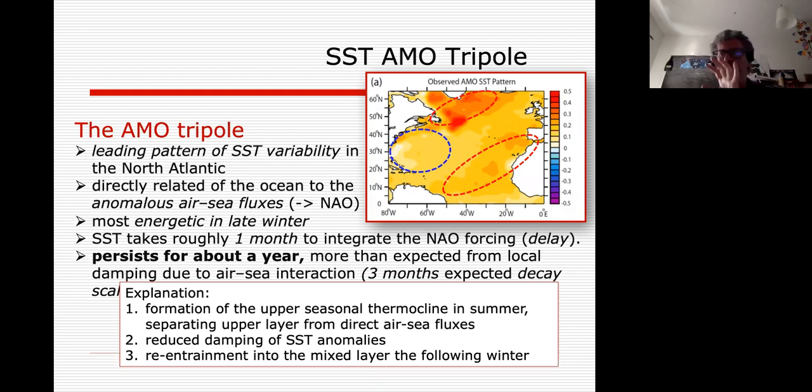And this is a typical case of the re-entrainment of the mixed layer in the following winter. This is the memory of what happened some months earlier. And this also explains why the anomaly lasts so long. Very good.